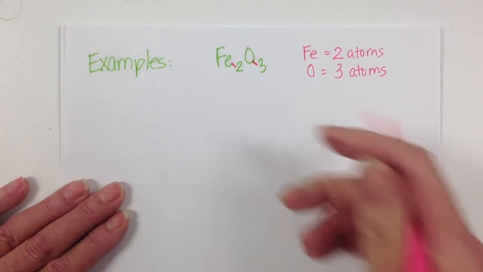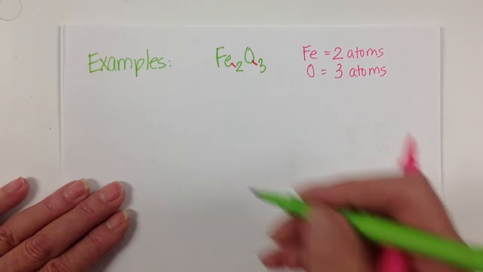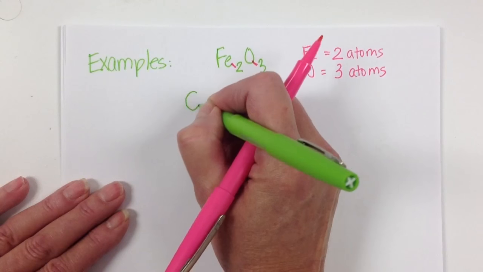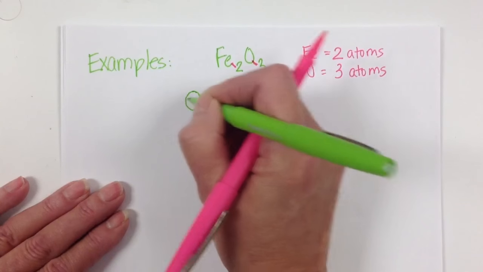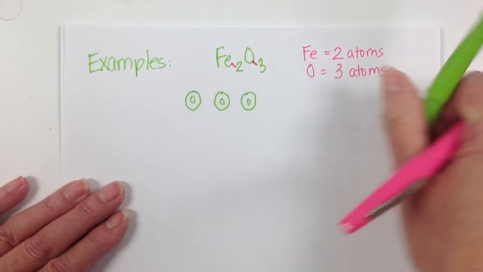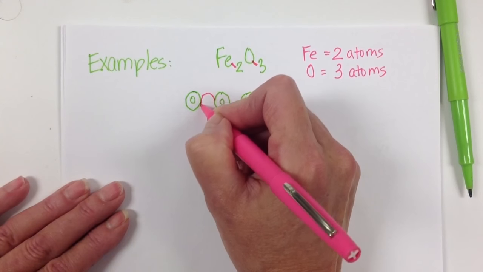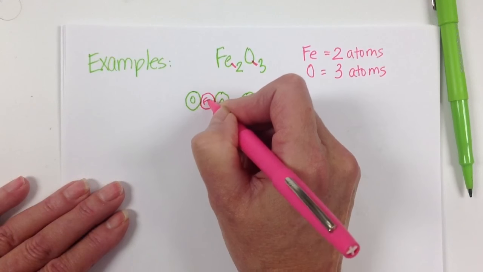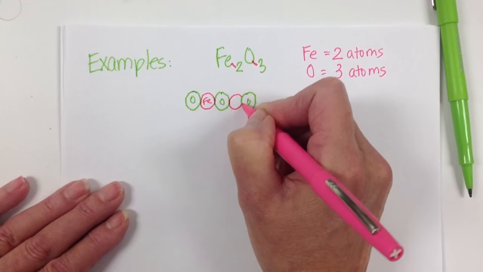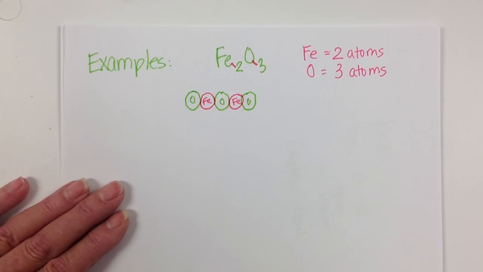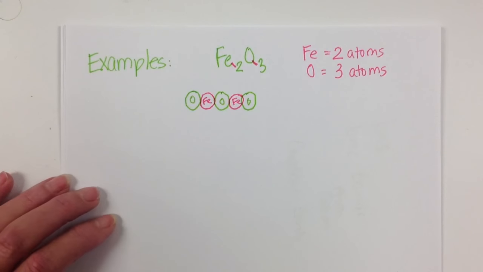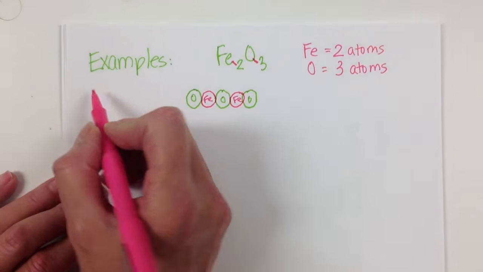So if I were to draw it, what would it look like? Well, 3 oxygen, right? O, and 2 iron atoms. Okay.